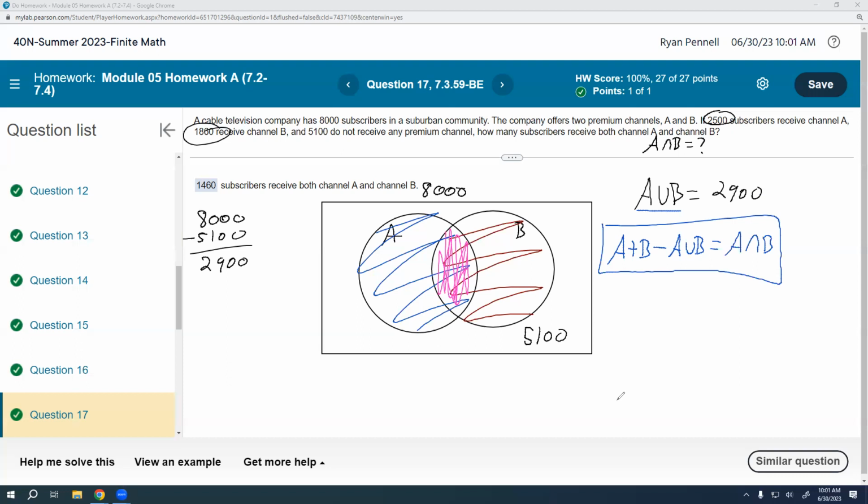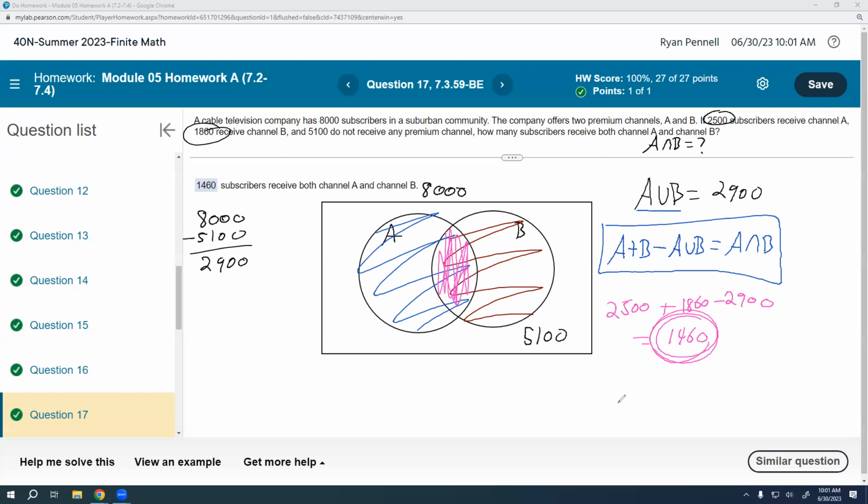Now let's actually compute it. A for my numbers is 2,500, plus 1,860, minus our discovered union. How much is that? 1,460 is the intersection.